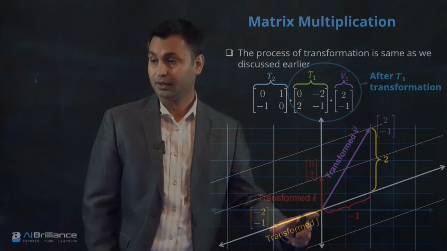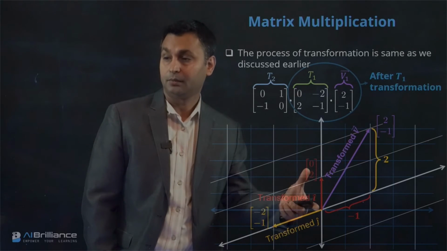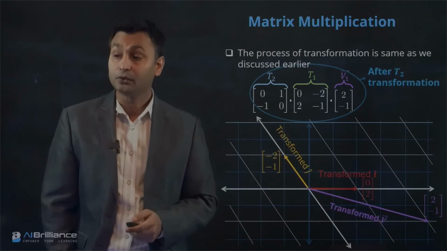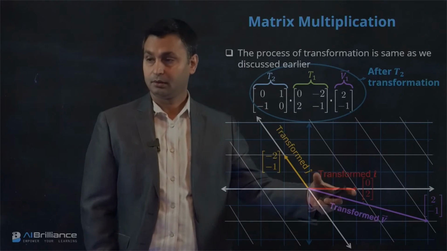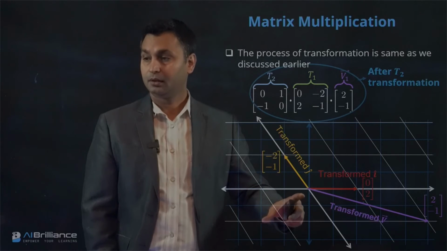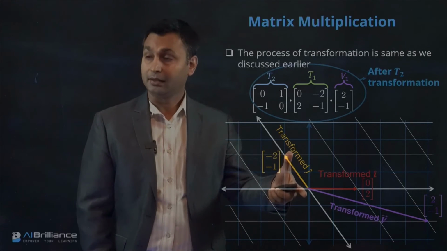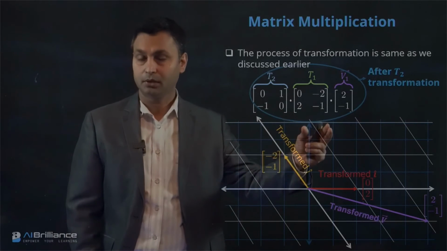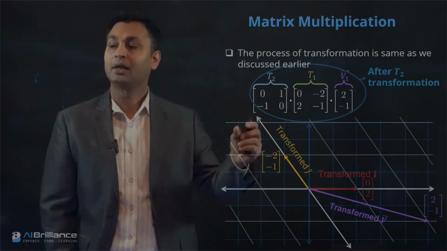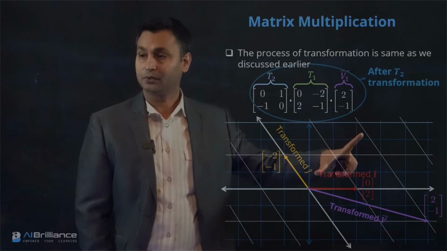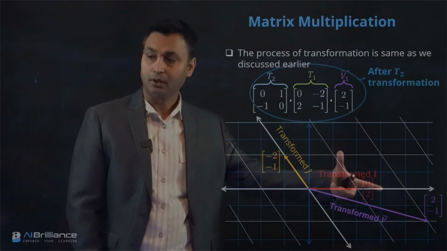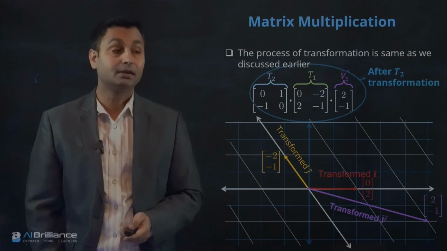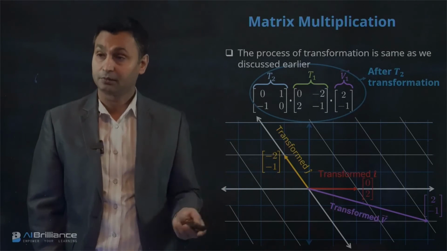And you will take this j, and it will rotate by 90 degrees and come along this direction, and that is what happens to the unit vectors. So from here i came here, and from here j was rotated by 90 degrees. This is what is happening to the unit vectors by applying transformation T1 and then applying transformation T2, and similarly, the vector that was there after the first transformation will get transformed and will be located here. That's what is represented by the composite transformation that is happening there.